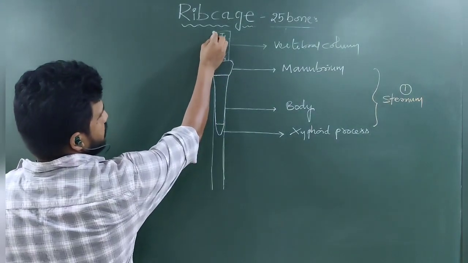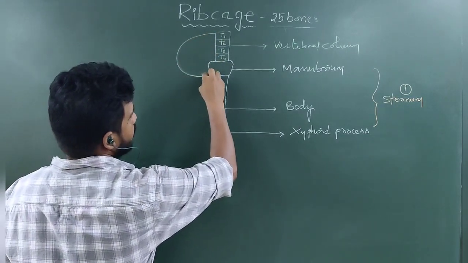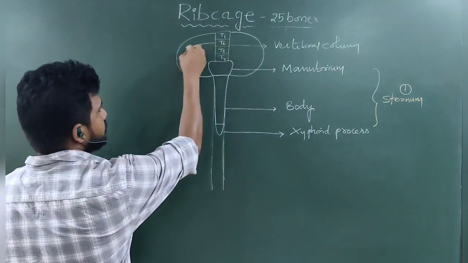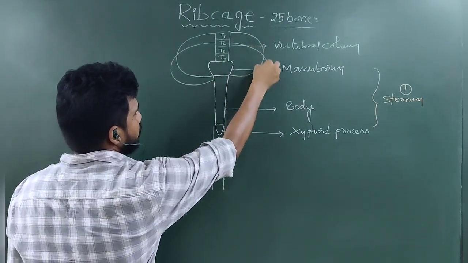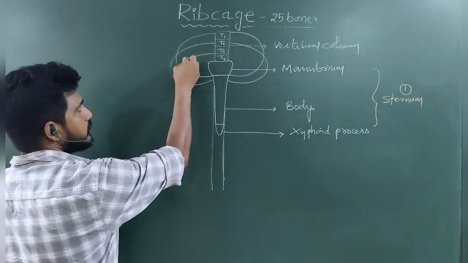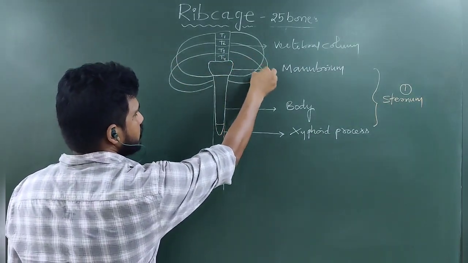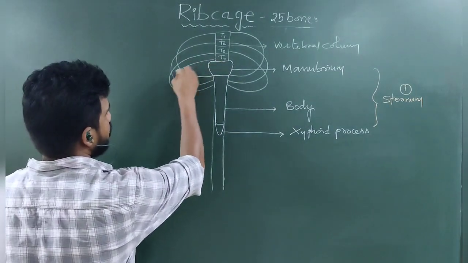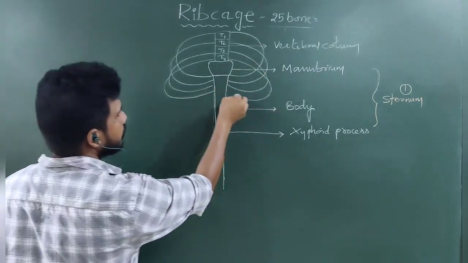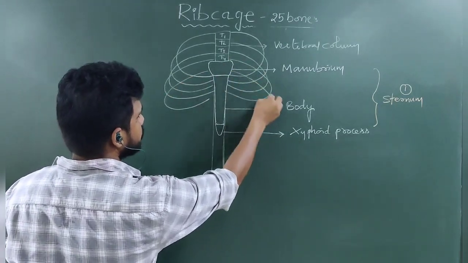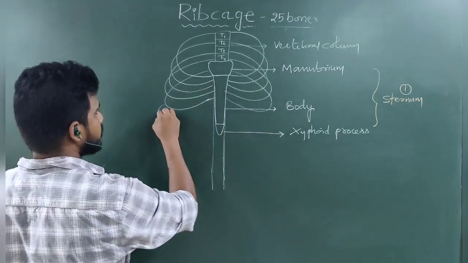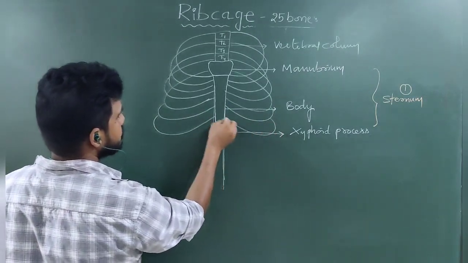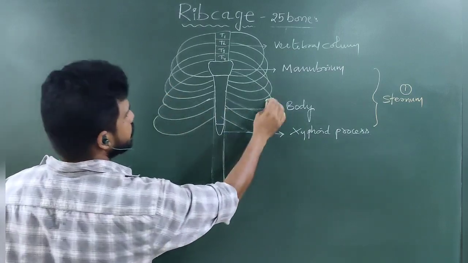So from the first thoracic vertebra, the first rib bone will come and connect to the sternum like this, and the second one will come and connect to the sternum from the vertebral column, and from the third thoracic vertebra, the third costal bone arises and connects to the sternum, just like from the 4th, the 5th, the 6th and the 7th.